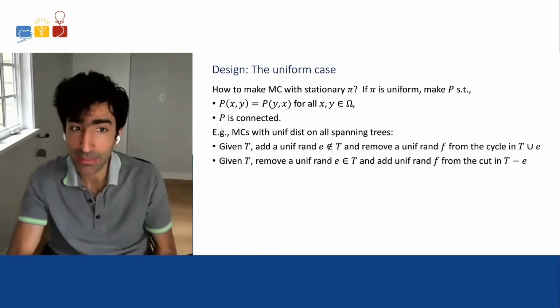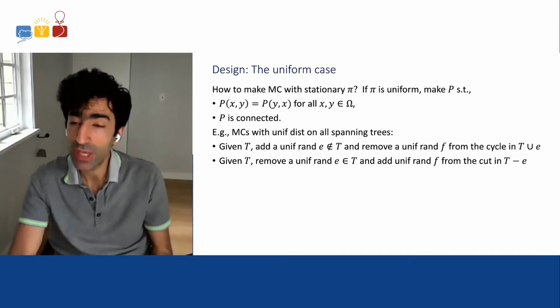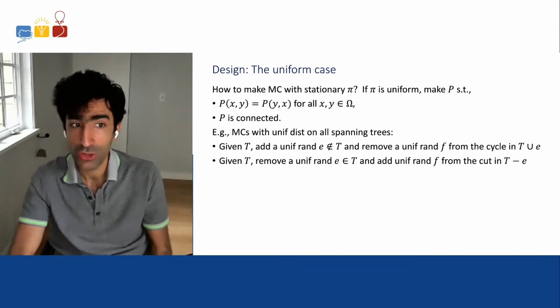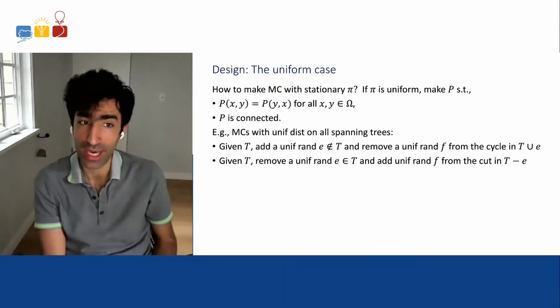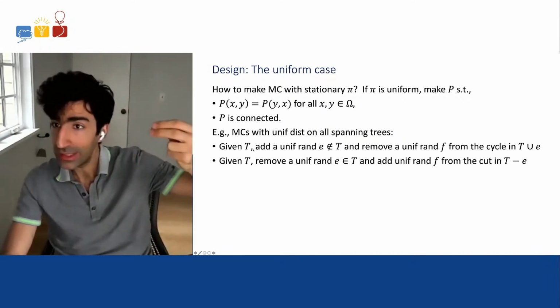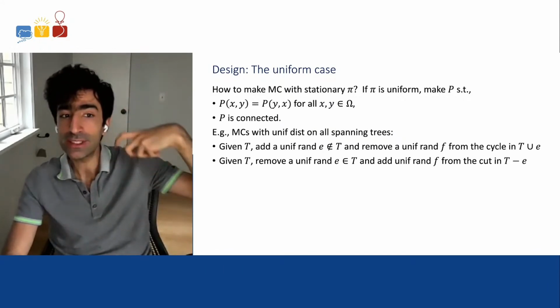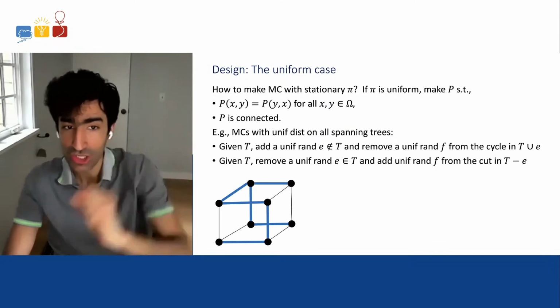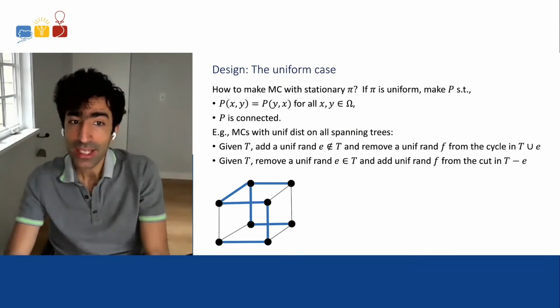Let's say you want to design a Markov chain to give a uniform distribution on spanning trees as the stationary distribution. Here are two Markov chains which give you that. The first one says that, given a spanning tree T, first you add a uniformly random edge which is not in the tree.